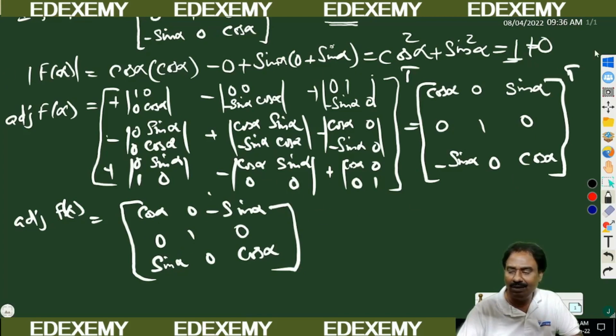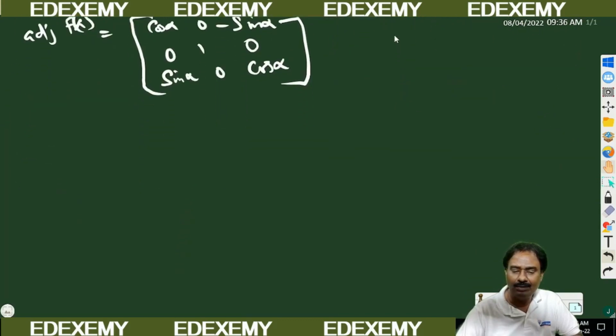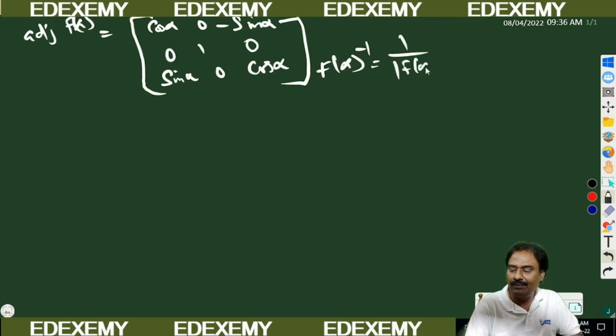Now what is the inverse of A? The inverse of f of alpha is equal to 1 by determinant of f of alpha into adjoint of A. A here is f of alpha.